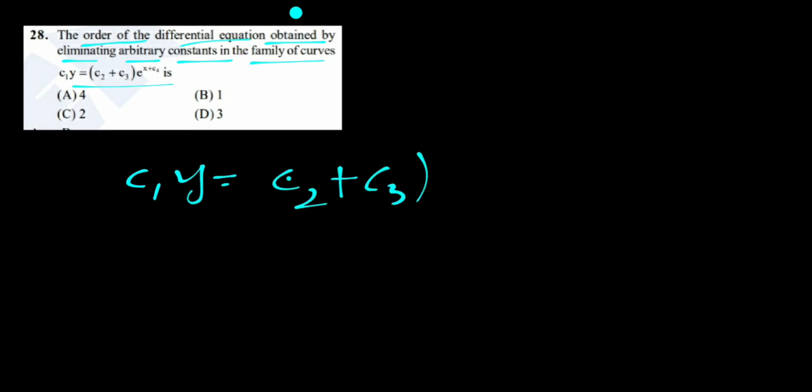Now problem number 28. The order of the differential equation obtained by eliminating arbitrary constants in the family of curves. We have to eliminate the arbitrary constants. So now y is equal to C1 into C2 plus C3 into e power C4 into e power x, we can write. Bases are equal, so powers should be added.